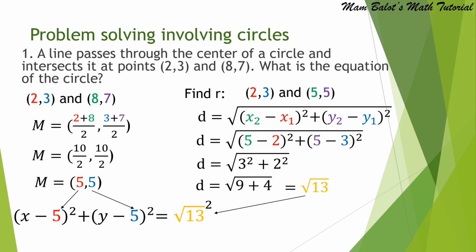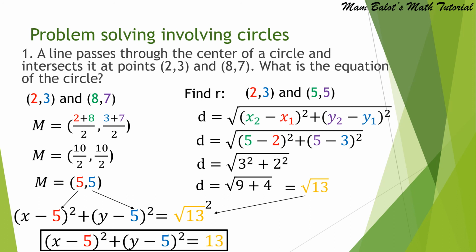So simplifying square root of 13 squared, we have x minus 5 squared plus y minus 5 squared is equal to 13. So this is now the equation of the circle, which is the result of the line that passes through the center of a circle and intersects at points 2, 3, and 8, 7.